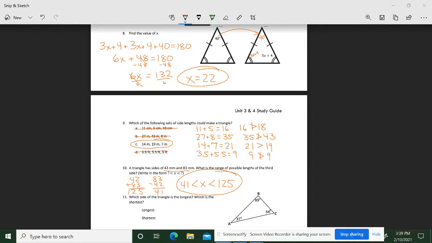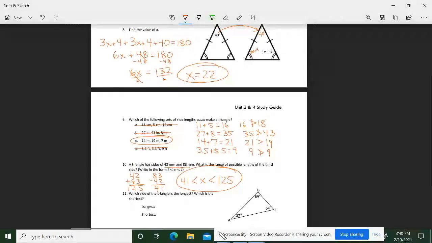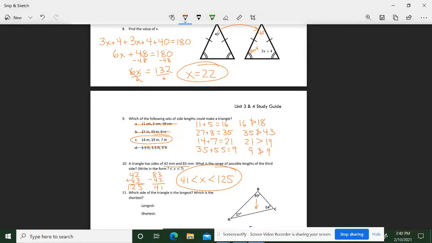Number 11, which side of the triangle is longest and which is the shortest? On a lot of triangles, you can just look at it and tell. And this one, it may be kind of obvious. But if it's ever kind of iffy and you're not 100% sure, the rule is the longest side has to be opposite or across from the biggest angle.